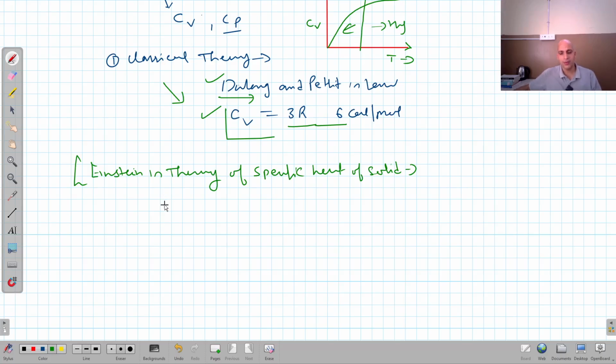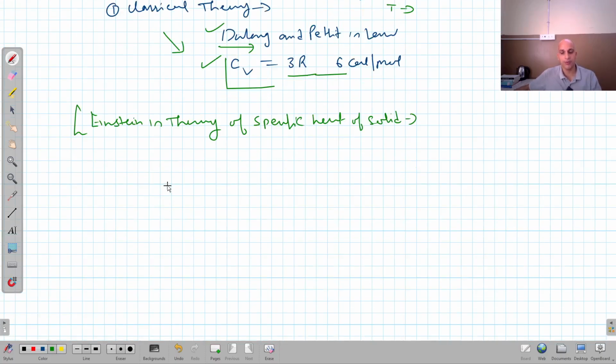So when we find the expression for the specific heat of solids using the Einstein theory, I am writing that relation directly.